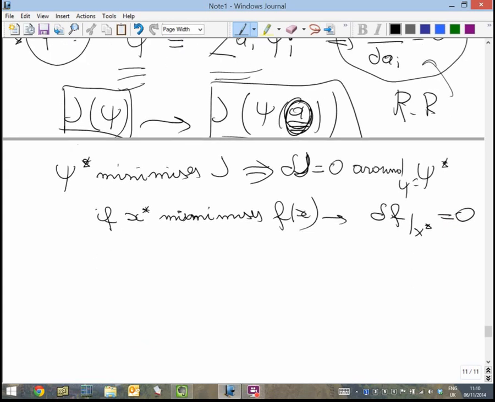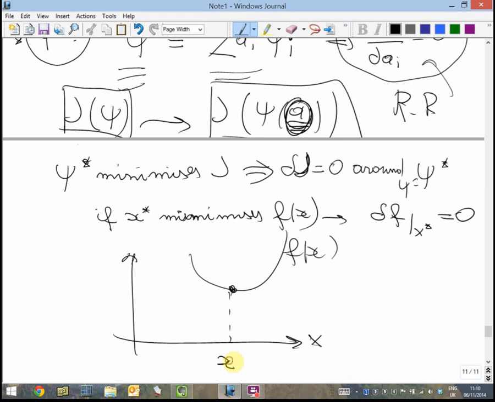Very simple from a geometrical point of view. If I just look at 1D functions, I have x, I have f of x. I have, for example, a function value here. So for x star, I minimize my f of x, which will give me a certain value p.